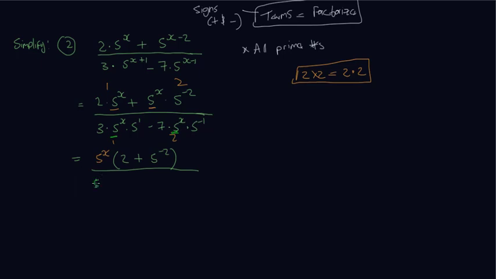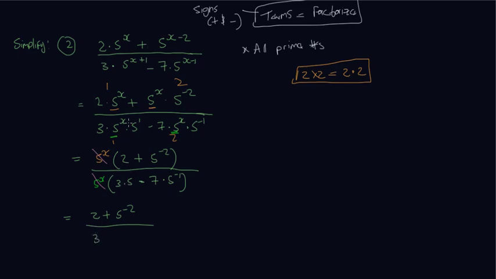So we take 5 to the x, then from term 1 we are left with 3 times 5, and minus, taking 5 to the x from here, we are left with 7 times 5 to the minus 1. So since these are the same, what happens is they cancel, they cancel, and then we are left with 2 plus 5 to the minus 2 all over 3 times 5, like we know 3 times 5 is 15, minus 7 times 5 to the minus 1.